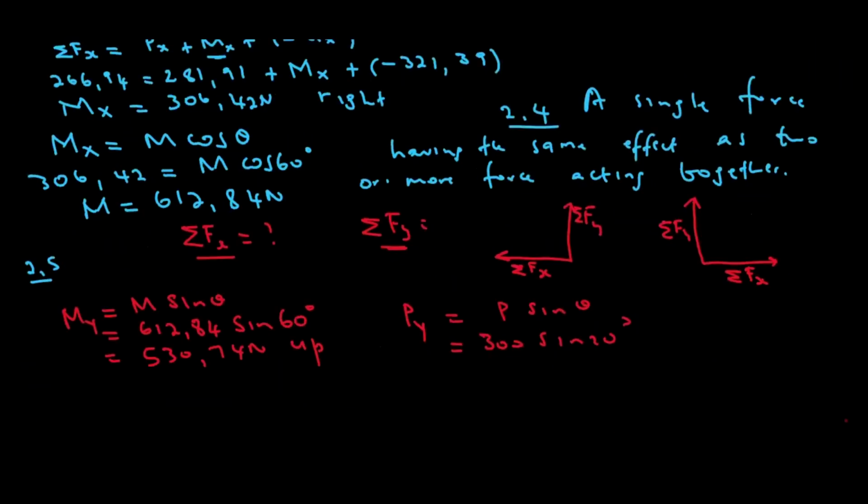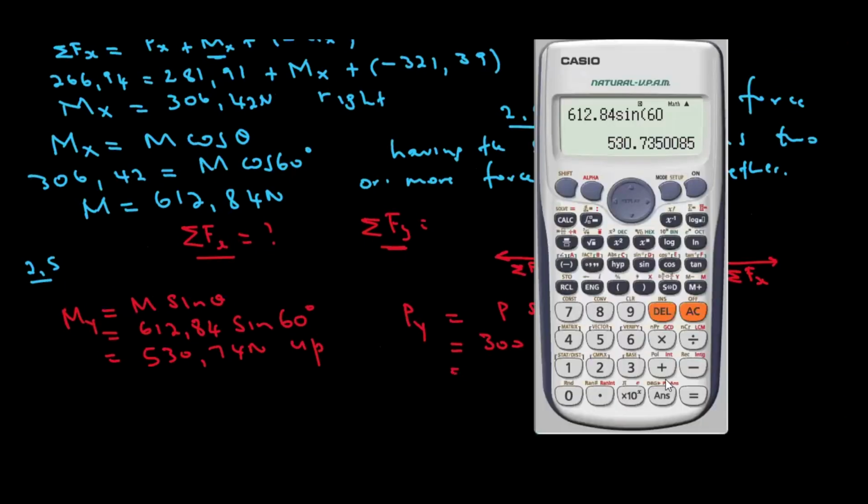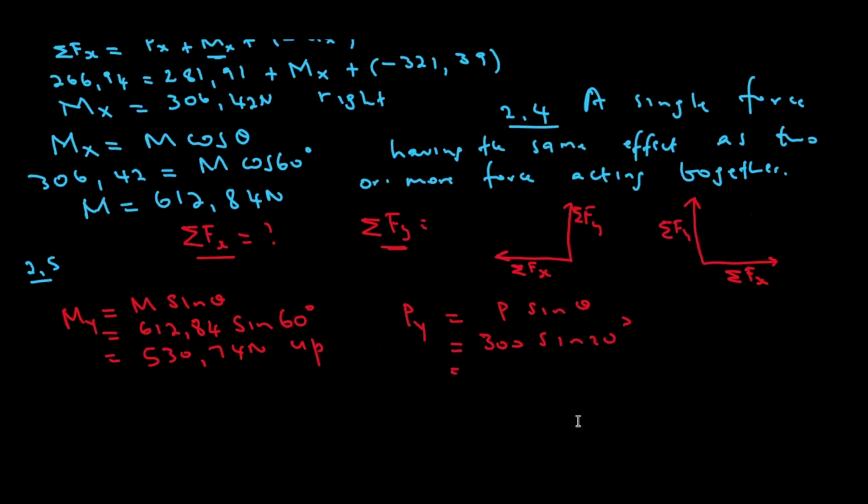We can pull out the calculator and work out the vertical component. So this is 300 sine of 20, and it gives us 102.61 newtons. This is going to be again acting upwards.